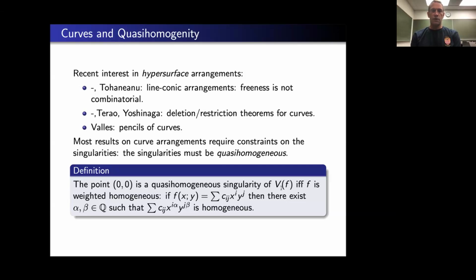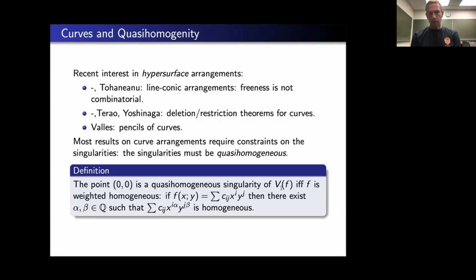That gives you, not always, but sometimes, a sequence which is either left or right exact, and which is sometimes exact. So this gives you a way to relate two simpler objects: the deletion, throw away a hyperplane, or the restriction, restrict to a hyperplane, to an arrangement.